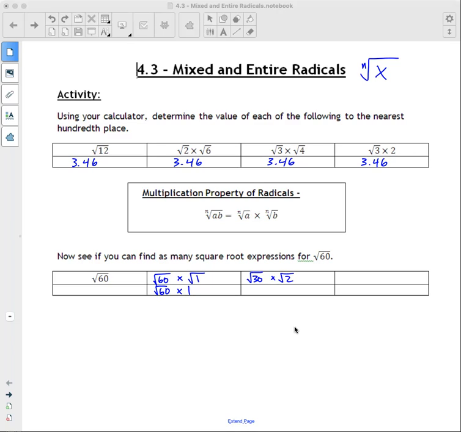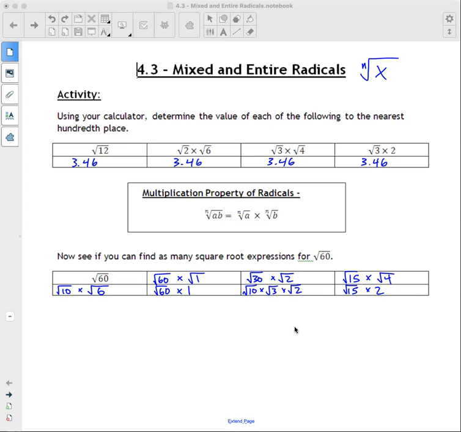We're going to go along the factor list, so we could do root 15 times root 4, which simplifies to root 15 times 2. We can do root 10 times root 6. And we could even break up root 30 into root 10 times root 3 times root 2.